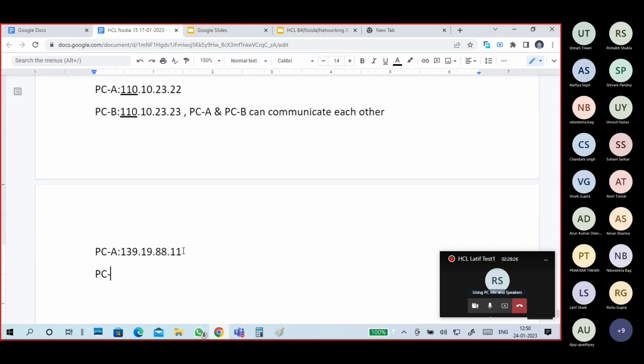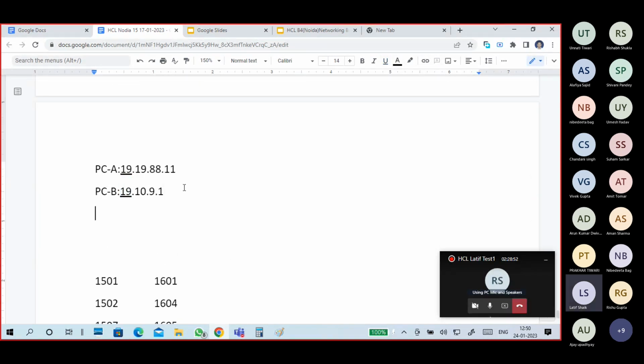PCA, I will take 19. PCB, because it is class A, again I'm telling, class A only. No problem, all are different, also no problem. But what's important is whether this is the same or not. I'm giving one more PC, 3 PCs for example. It almost looks like this one, but there is a difference.